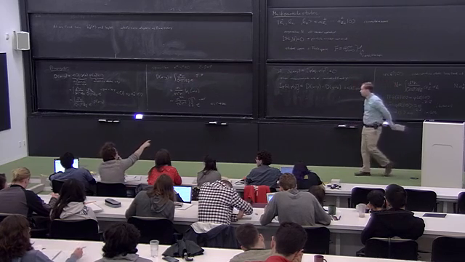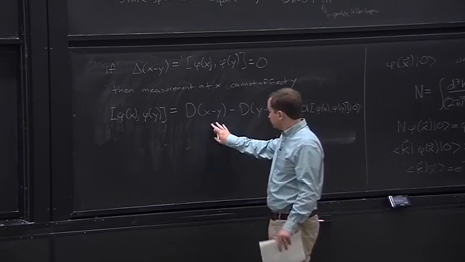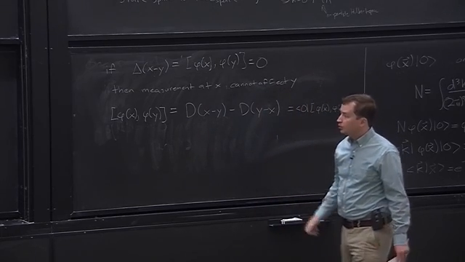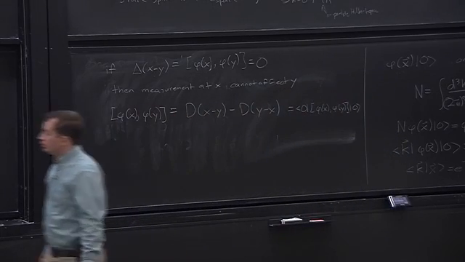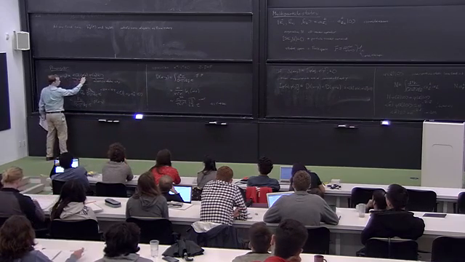Yes? How did you get that first equality? The commutator is equal to d minus d. This one? Yeah. Don't those d's already have a vacuum sandwiched to them? So here, this d just is the product.